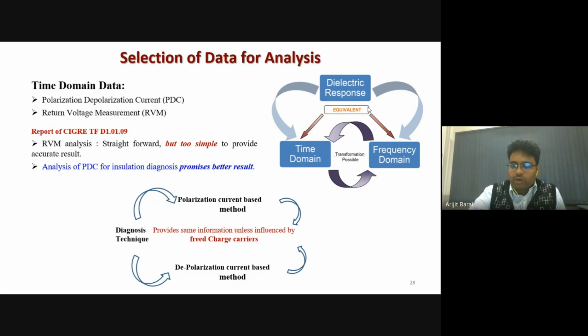Now, because we are talking about the same insulation, transformation of time domain response to frequency domain response and vice versa is equally possible. So it doesn't matter whether you apply a DC voltage across the insulation, get the time domain response and then convert it to frequency domain, or you apply an AC voltage source with variable frequency across the insulation, identify the frequency sensitive information, and then transform it back to time domain.